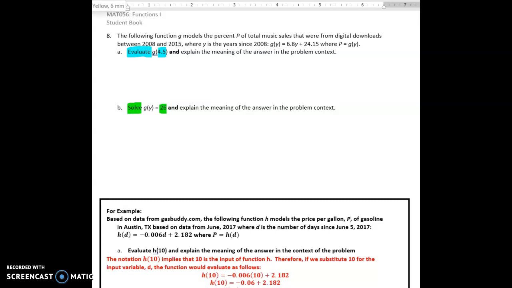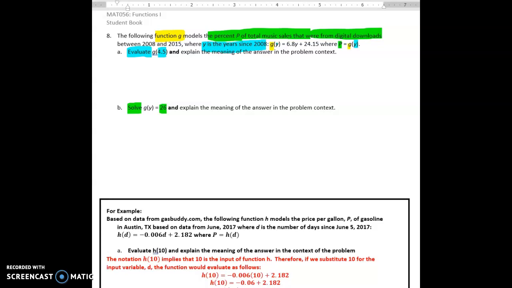The output variable is P, percent of total music sales from digital downloads. And the input is inside the parentheses, which is Y, the years since 2008.